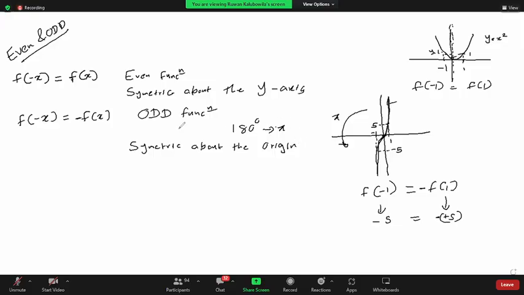Right? So even and odd functions we can define this way. We can capture the points using examples. It is very easy to understand what is an even and what is an odd function. These are the special features of a function, right?